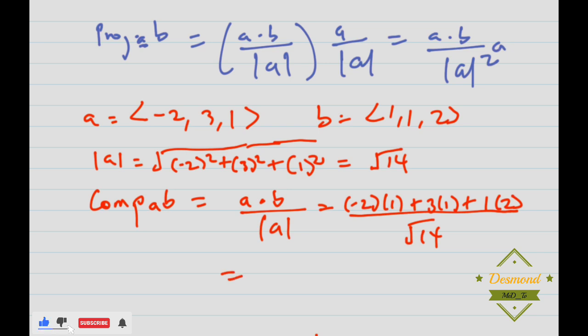And when we do it, we should get 3 on root 14. So that is the scalar projection of B onto A. Very, very simple, right?